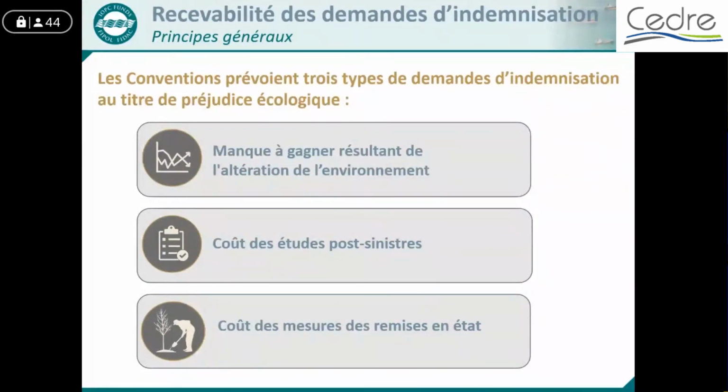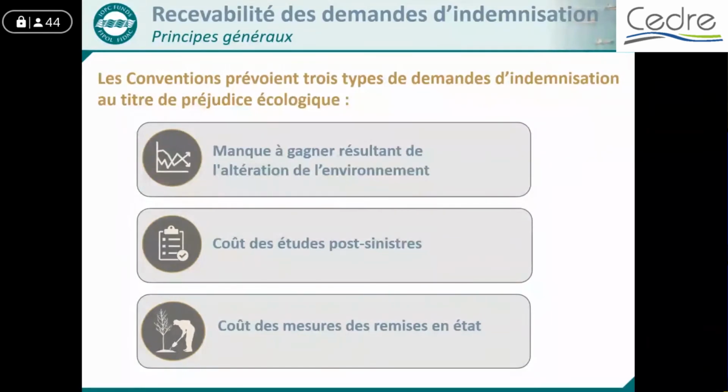Then as concerns the best chances of recovery, it means that you need to ensure post-spill studies, and that's a cost as well. And then you finally have the cost of reinstatement measures.